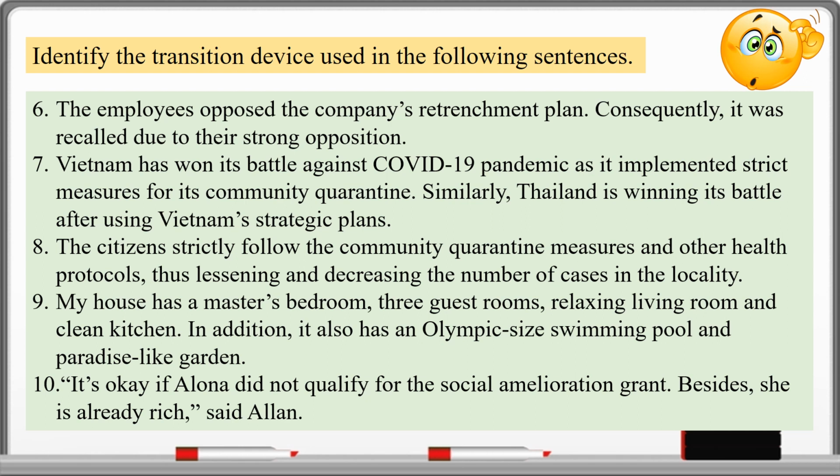And the answers for the following sentences are: 6, consequently; 7, similarly; 8, thus; 9, in addition; and 10, besides. Did you get it right?